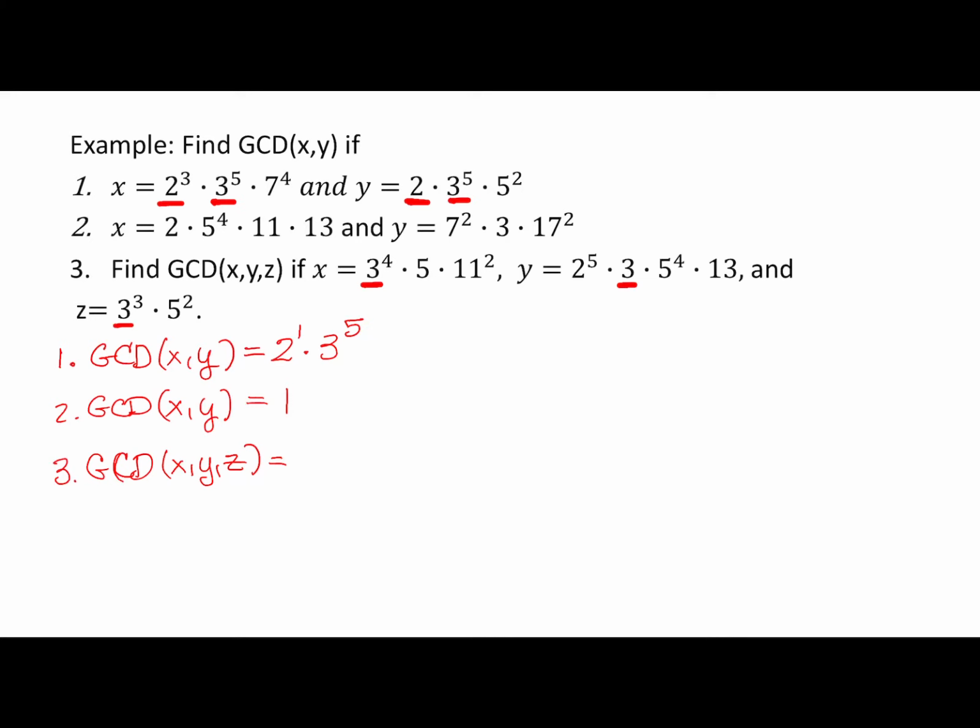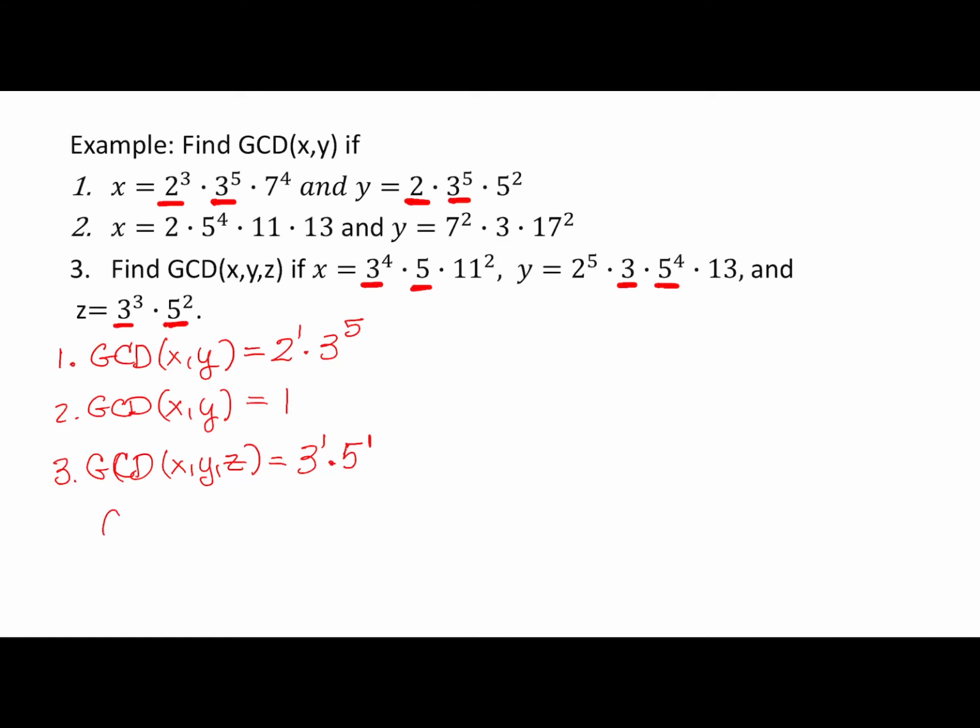And all 3 numbers also have 5s in their factorizations. And that's all that's common. So my GCD is going to be 3 to the smallest power of 3 appearing in any of those factorizations. In this case, it's 3 to the 1st in y, times 5 to the smallest power appearing in any of those factorizations. In this case, it's 5 to the 1st from x.